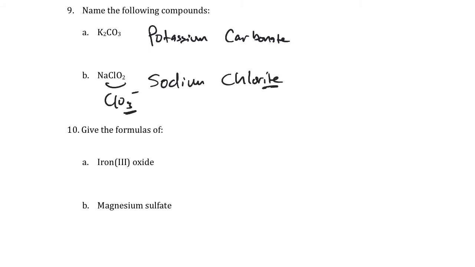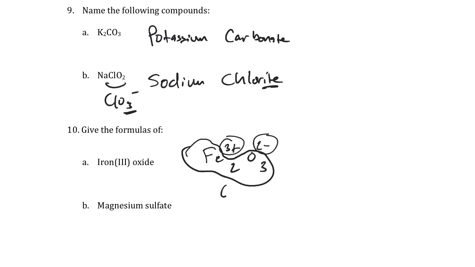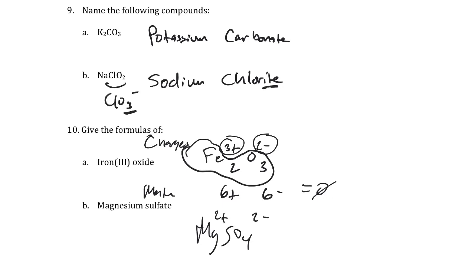And then the formula of iron 3 oxide: that's Fe3 plus and O2 minus, so Fe2O3. To get the formula, it's just the actual things. This helps us keep in balance our 6 plus and our 6 minus, going to an overall neutral charge. I usually do my math below, and I do my charges up on top. So that works out. And then MgSO4, Mg2 plus, SO4 2 minus, so just simple 1-to-1 there.